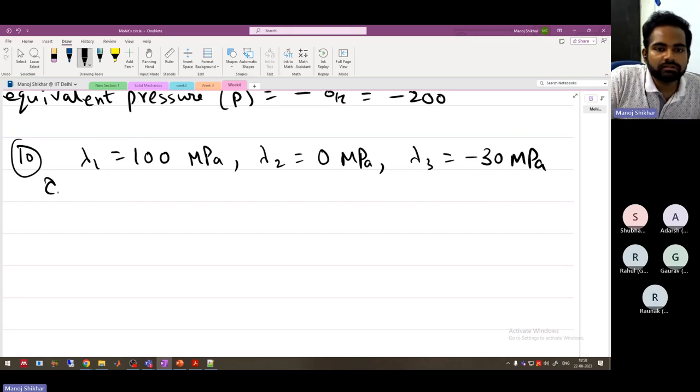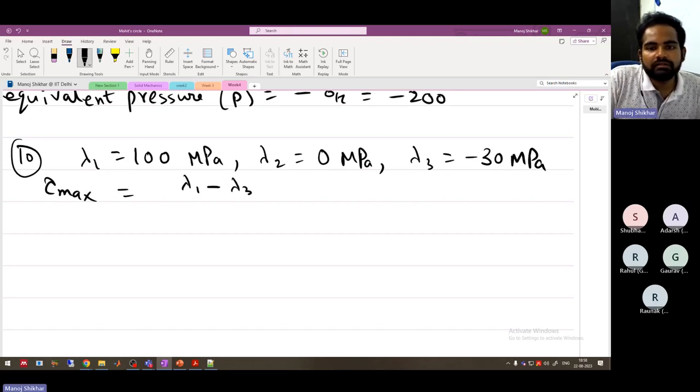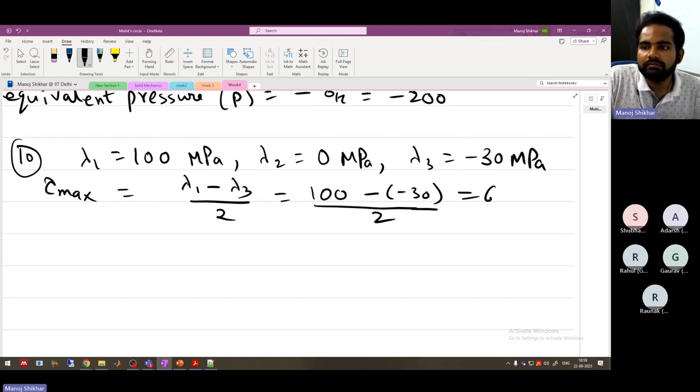So tau max is lambda 1 minus lambda 3 by 2. So it will be 100 minus minus 30, by 2, which is 65 MPa.